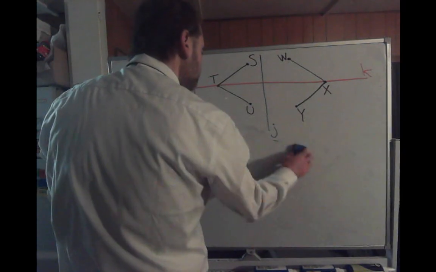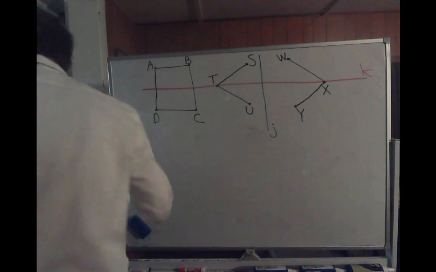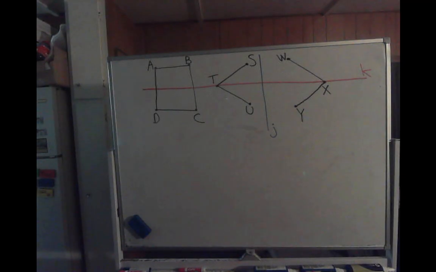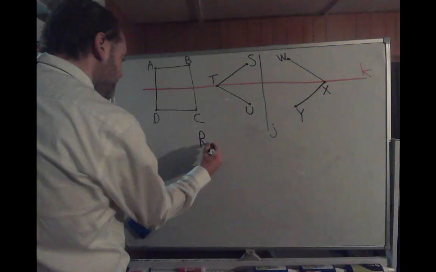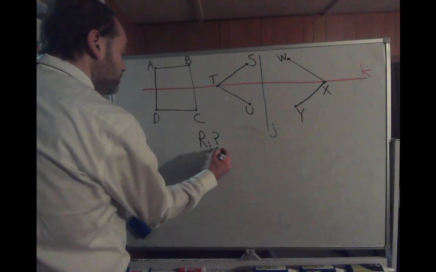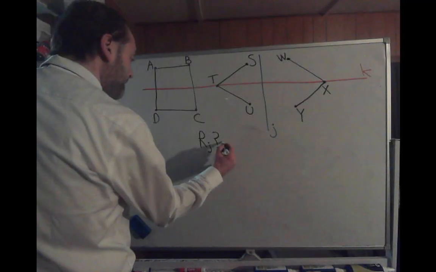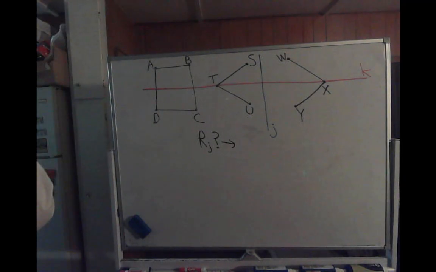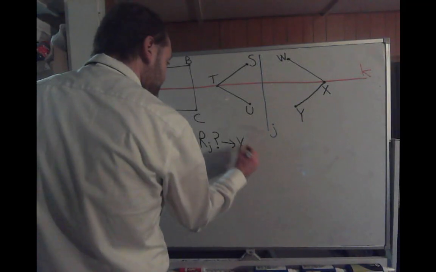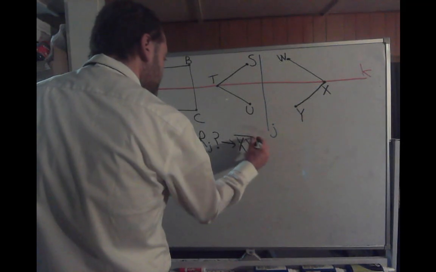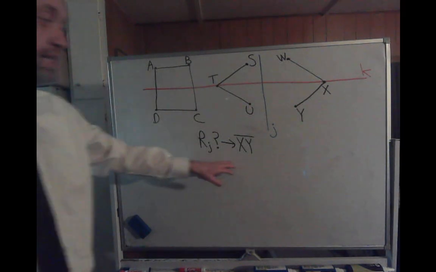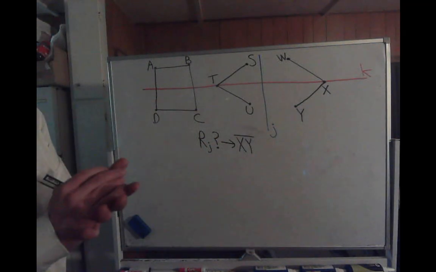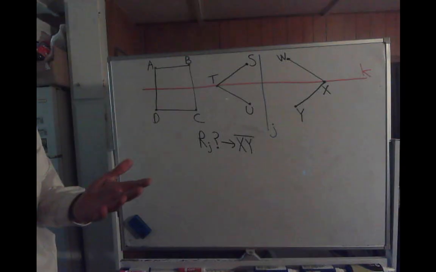Now one more. Just one more for these. All right, let's say the reflection through J, this time we don't know, is the line segment XY. So we don't know what's reflected through line J to give you a line segment of XY. So this is basically working backwards.